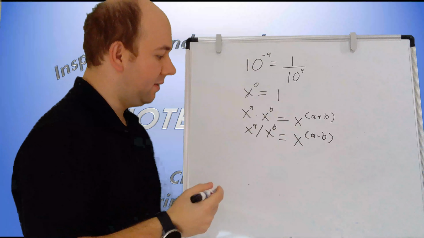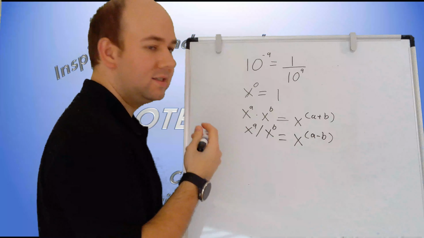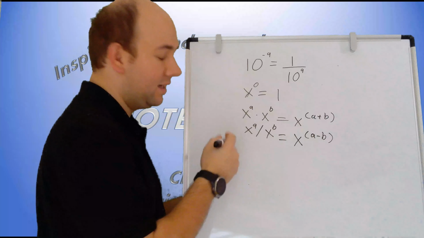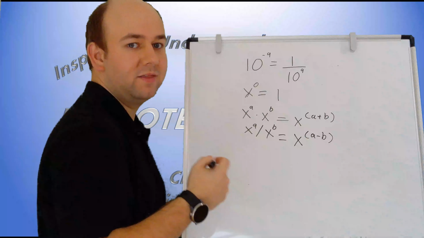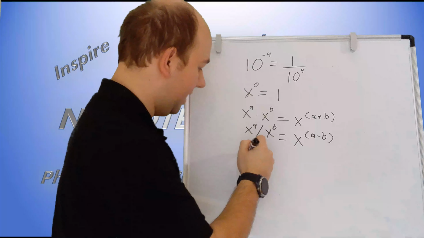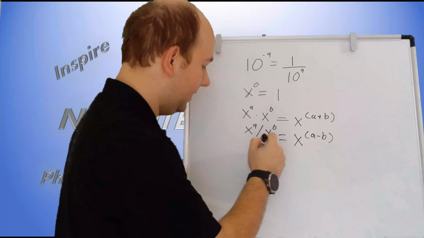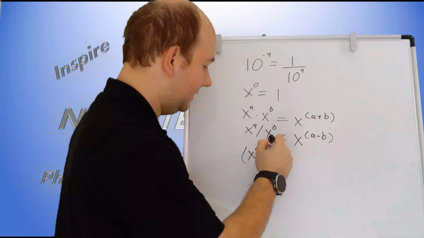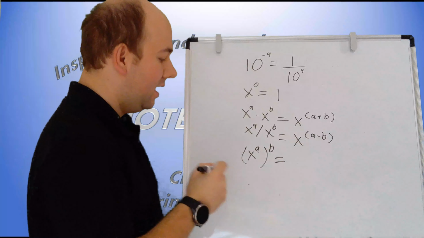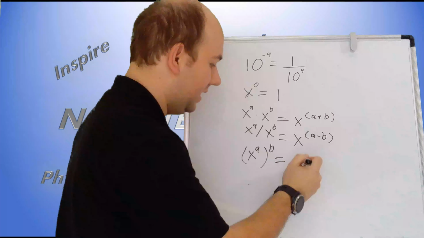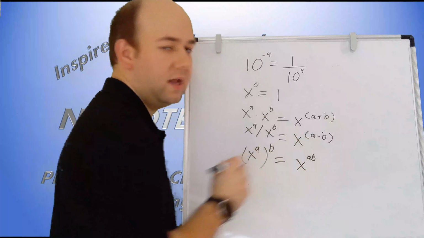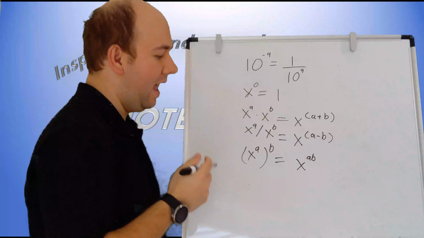The final one, which we'll come across quite often, is what happens if you have x to an exponent and the whole thing is to the power of something. So let's say we had x to the a, all in brackets, all to the power of b, in which case this becomes x to the power a times b.